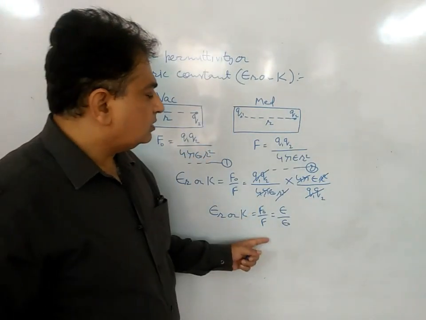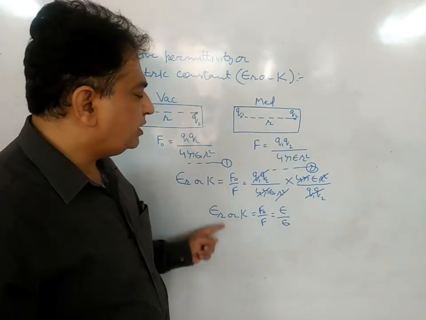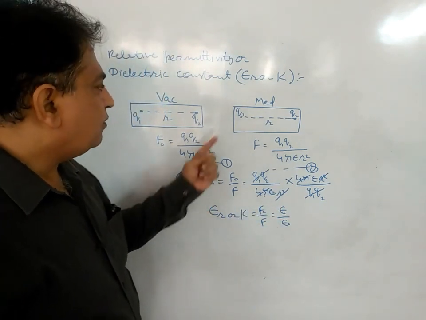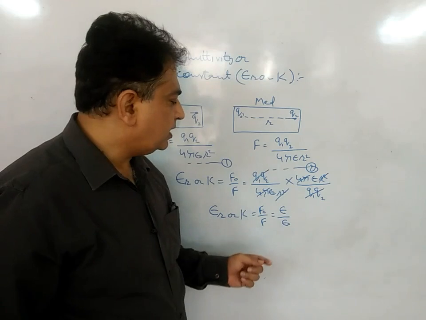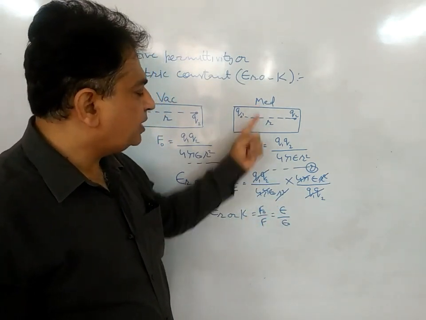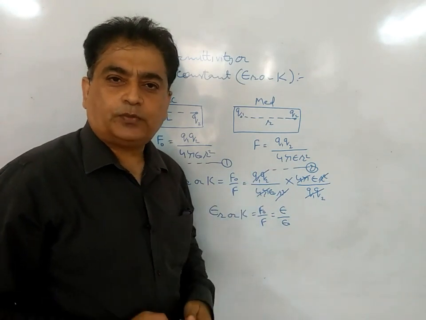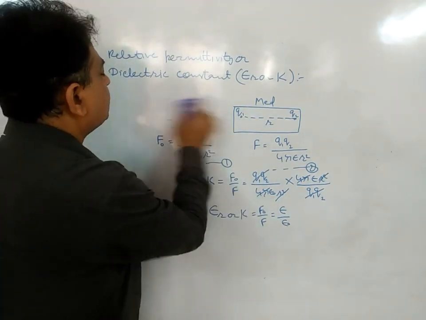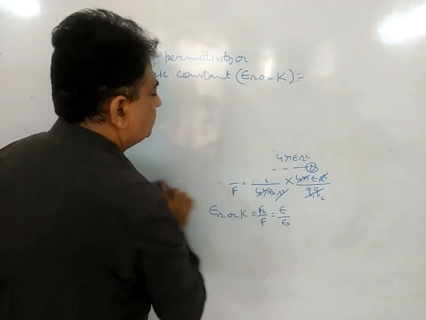Now it gives you the other definition of relative permittivity, epsilon by epsilon naught. That is, relative permittivity of a medium is also defined as the ratio of absolute electrical permittivity of the medium to that of vacuum. Now, one numerical to understand the concept better.